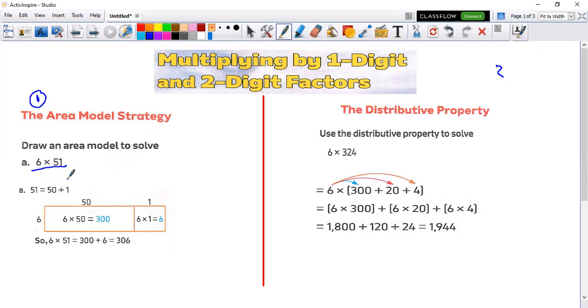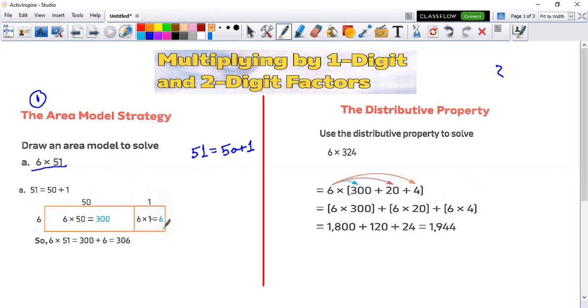Firstly, we put 51 in expanded form. 51 in expanded form equals 50 plus 1. Now, we will draw a rectangle as in this figure, 6 here and 50 plus 1.